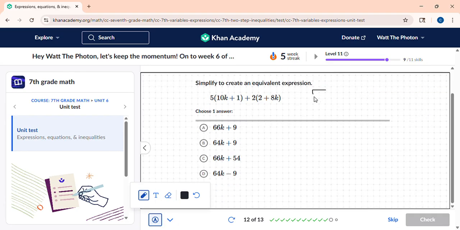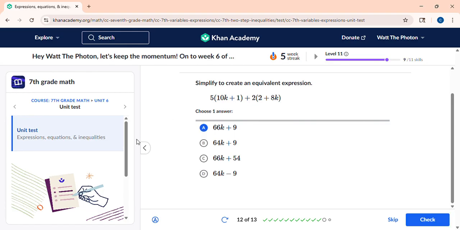Equivalent expression, so we have 50k plus 5 plus 4 plus 16, so 50 plus 16 is 66k plus 5 plus 4, that's 9, so 66k plus 9.